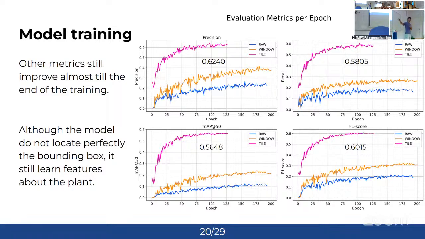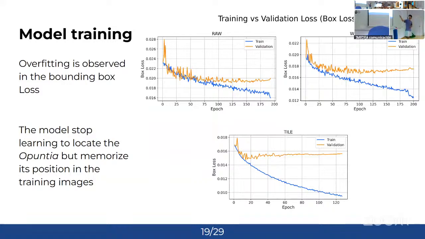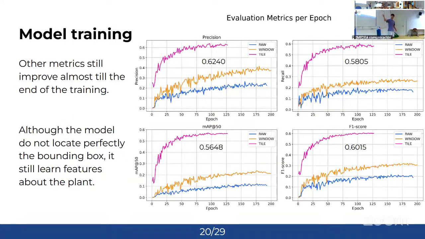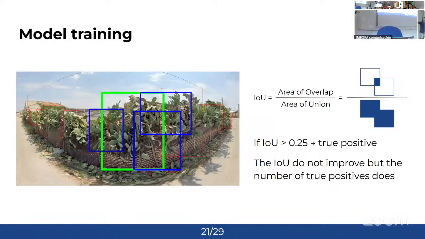Okay, to try to explain this contradiction between the bounding box loss and these other metrics, I drew these blue boxes, which represent possible predictions of the model. What happens here is that the intersection over union, which is measured with this formula, measures how well the predicted box compares to the ground truth.